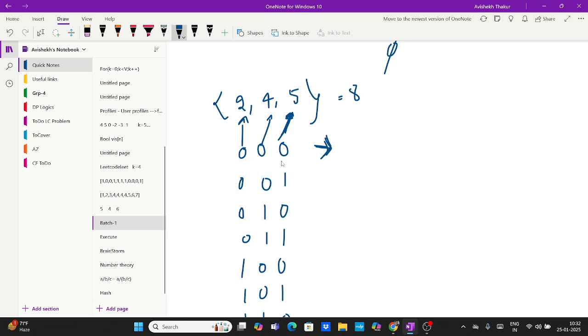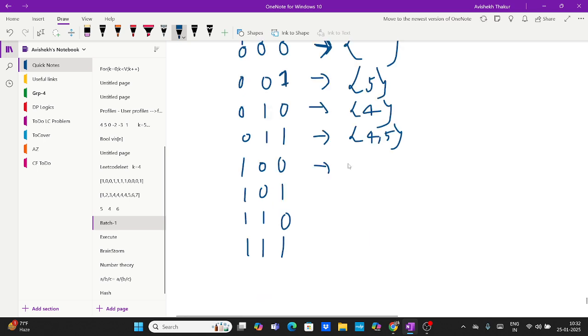0 0 0, right? So that means each of the numbers is not present, which is nothing but an empty set. Next, you see, is the bit set? Yeah. That means it's 5. Okay. Is the bit set? Yeah. So it's 4. 4, 5. 2, 2, 5, 2, 4.